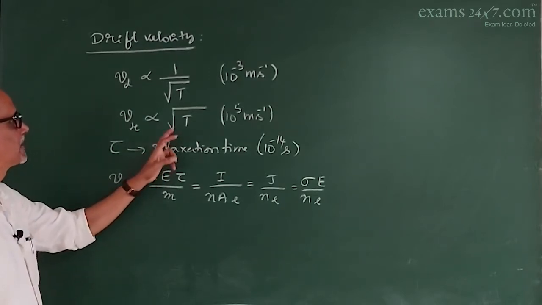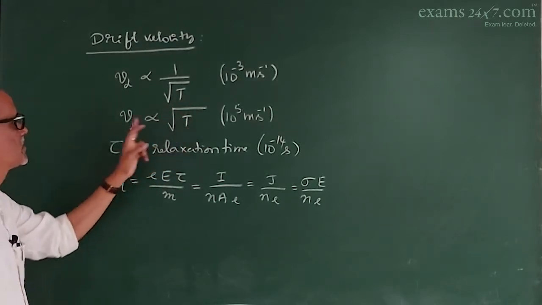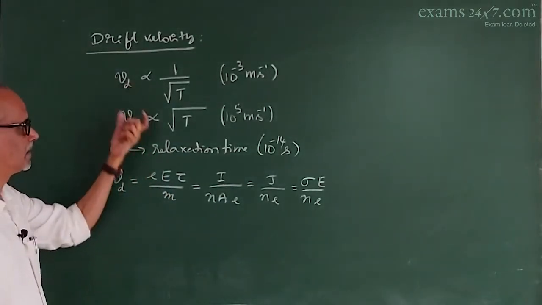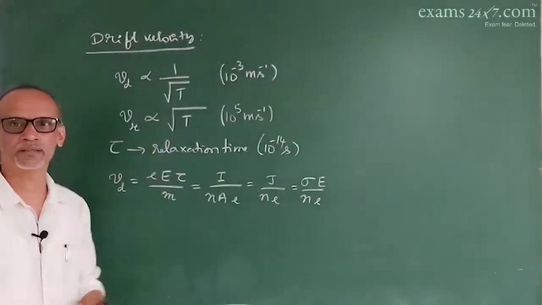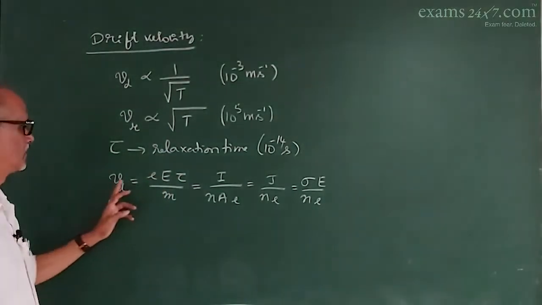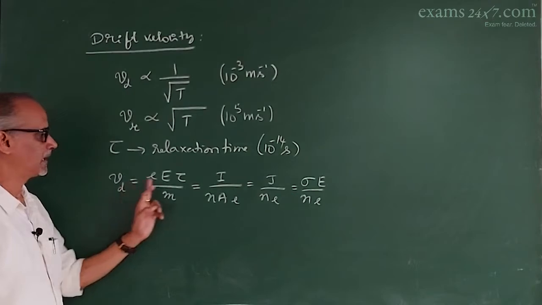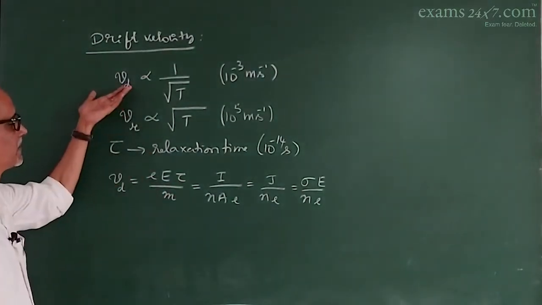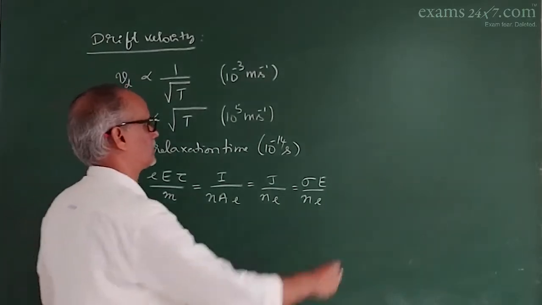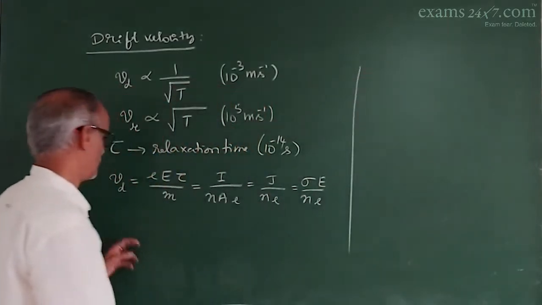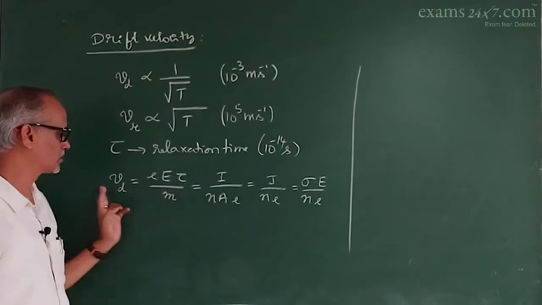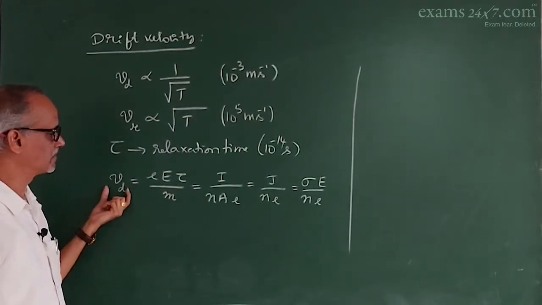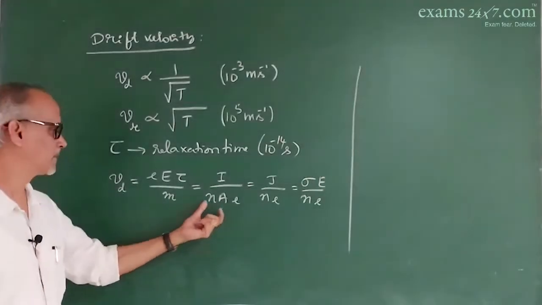Now, with the increase in temperature, the velocity of random motion increases, whereas the drift velocity and the relaxation time decrease. Drift velocity and relaxation time both decrease with the increase in temperature. And from this equation, we can write how drift velocity varies with the area of cross section.